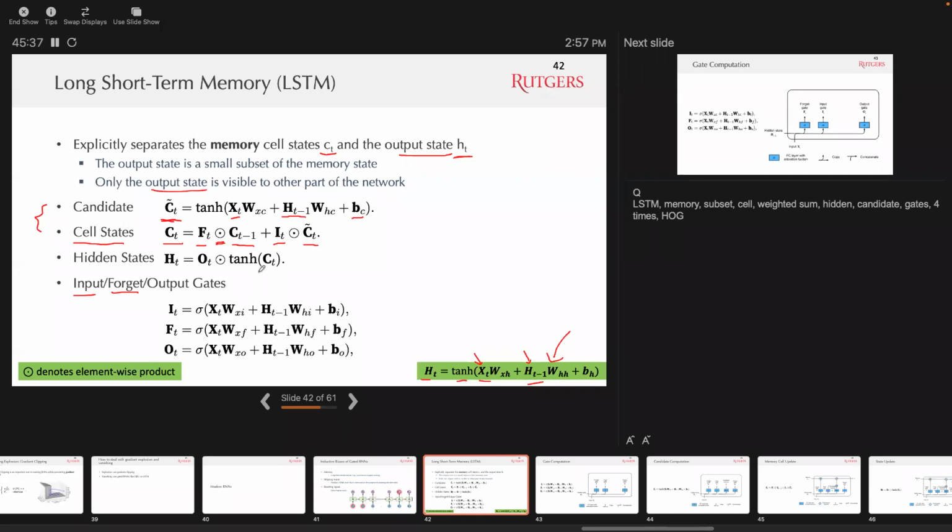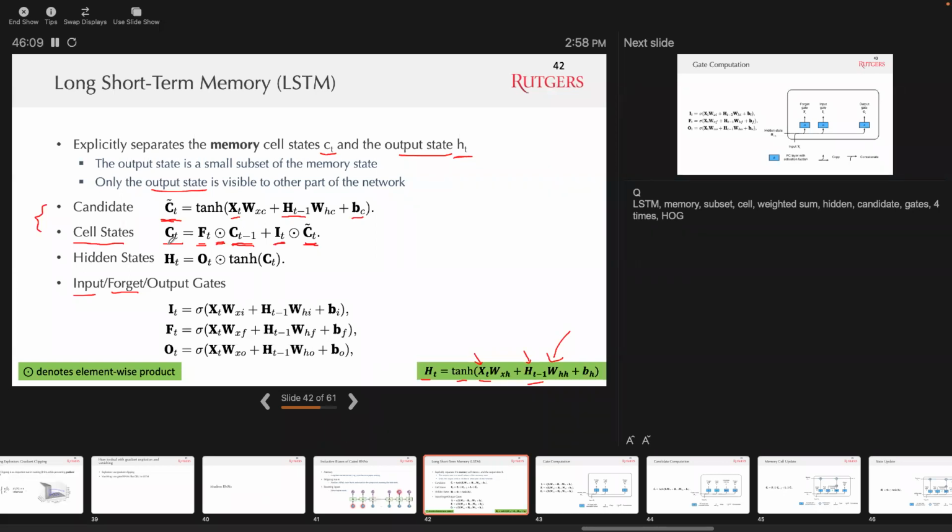Similarly, you have the input gate to control the weight of every entry of the candidate cell state. So the final cell state is computed as the weighted sum of the previous cell state and the current candidate cell state.